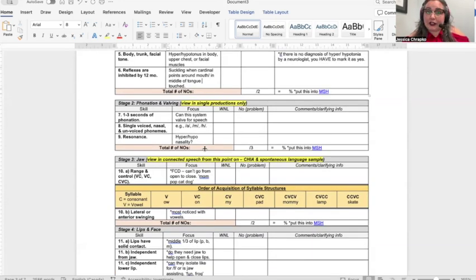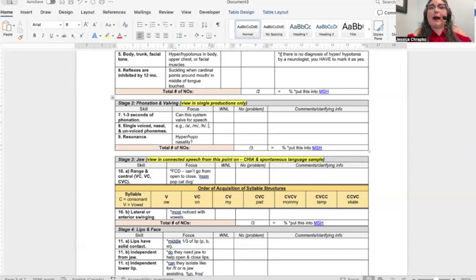The first level in terms of motor speech that I'm looking for is, can they get 1 to 3 seconds of voicing? In other words, can this system valve for speech? Do they have enough control over their breath and their vocal folds and the coordination of both of them to get voicing? Not only that, but we have some sounds that use our voice and some sounds that don't use our voice.